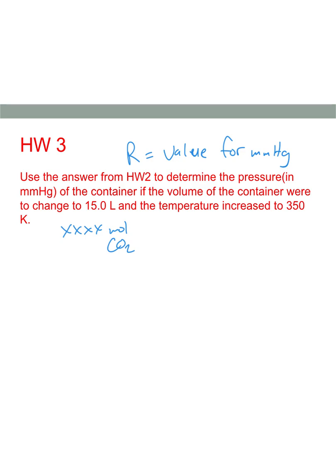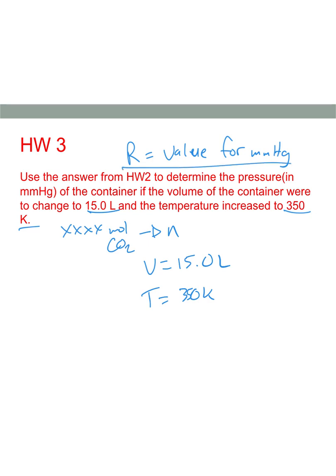So now we have mole of CO2, and we're trying to figure out what is the pressure. So I have mole, right? This is n. I have liter, which is volume. I have temperature, which is T. So what equation has n, V, T?